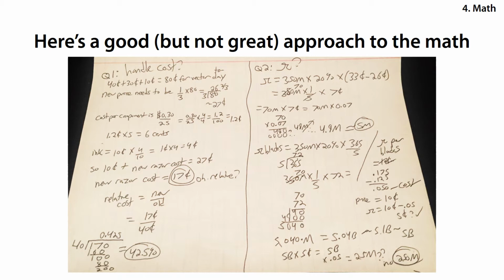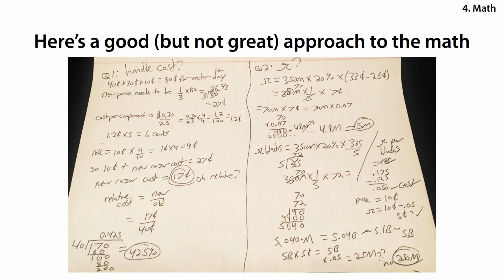So now let me address the second question, which is profit. So profit equals 350 million times 20% times the difference, so 33 minus 26 cents. So 350 million times 1/5 is 70 million times 7 cents.